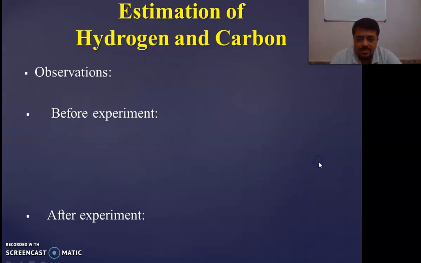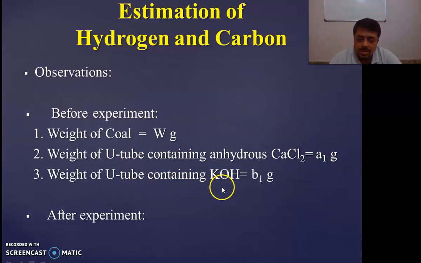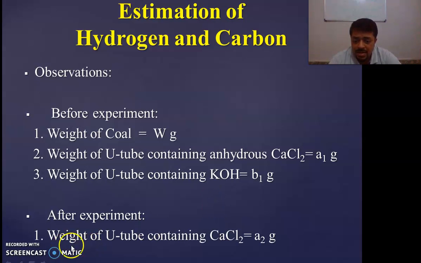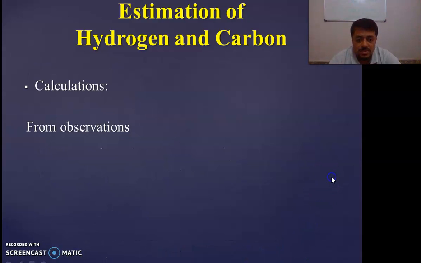In this experiment there are certain observations before and after. Before the experiment: weight of coal W grams, weight of U-shaped tube containing anhydrous CaCl2 A1 grams, and weight of U-shaped tube containing KOH, say B1 grams. After the experiment: weight of the CaCl2 U-tube is A2 grams, and weight of the KOH U-tube is B2 grams.